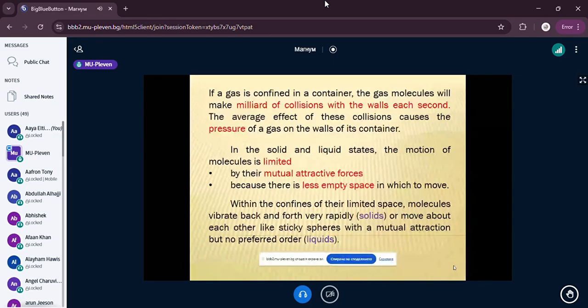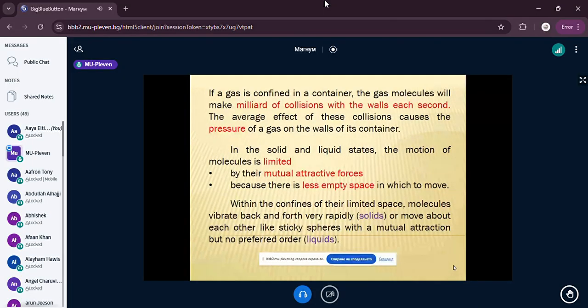So gaseous molecules are extremely active. They are in constant motion, they collide with each other, and if that gas, hydrogen, is placed in a container, each molecule will collide against the wall of the container, and it's given here, millions of collisions with the walls each second.